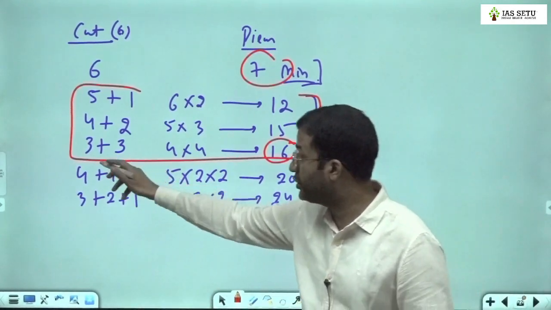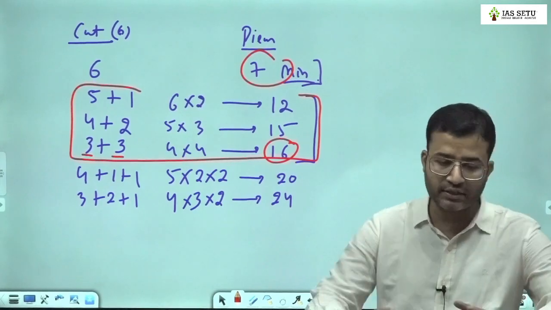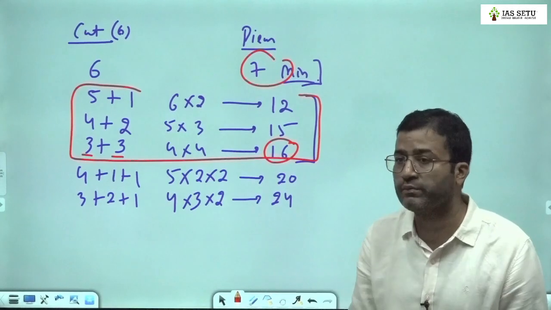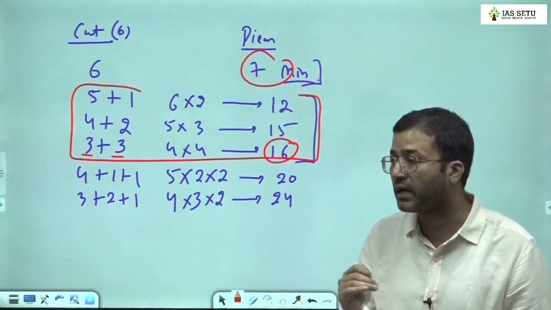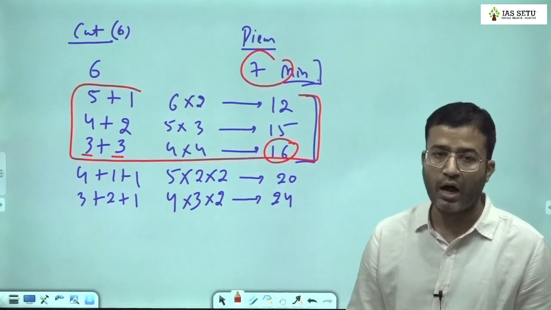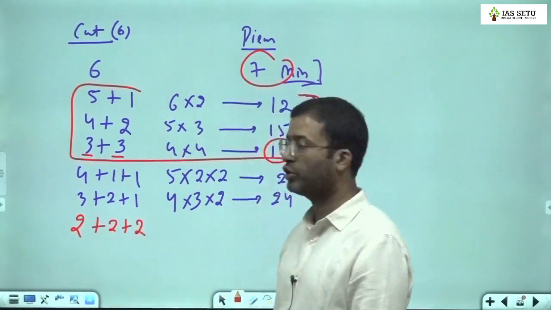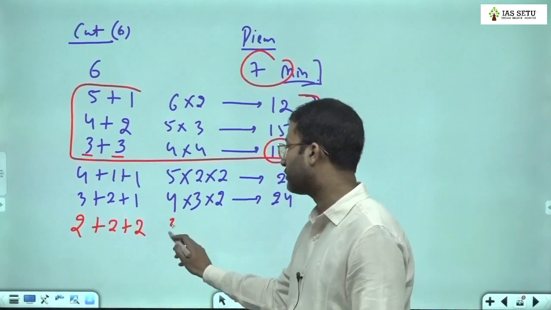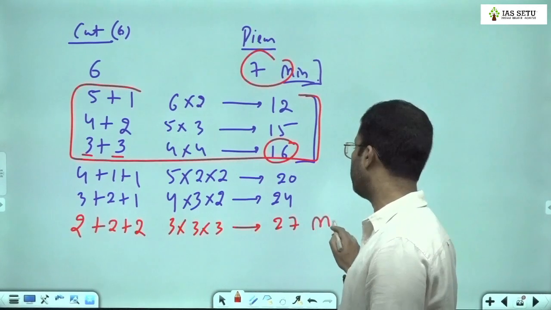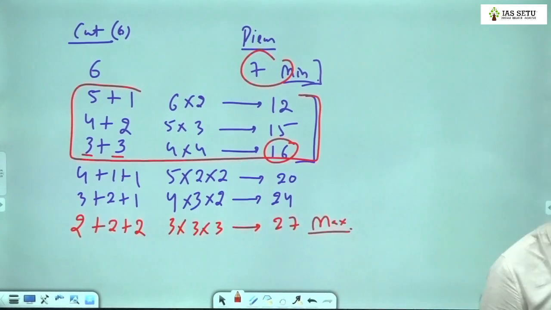Why? Because your distribution is uniform: 3 cuts on x, 3 cuts on y. Similarly, this 24 is not the maximum. For maximum, you have to distribute the 6 cuts uniformly. How? 2 cuts on x, 2 cuts on y, 2 cuts on z axis, you will get 3 into 3 into 3, 27, which is the maximum number of pieces possible with 6 cuts.